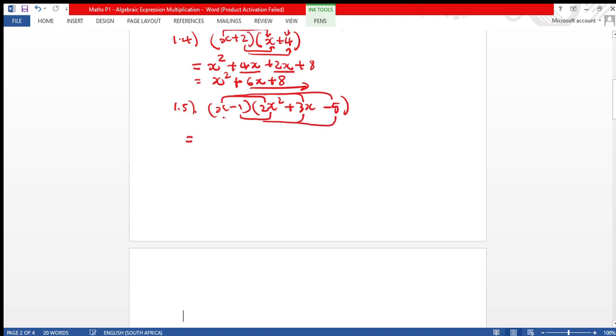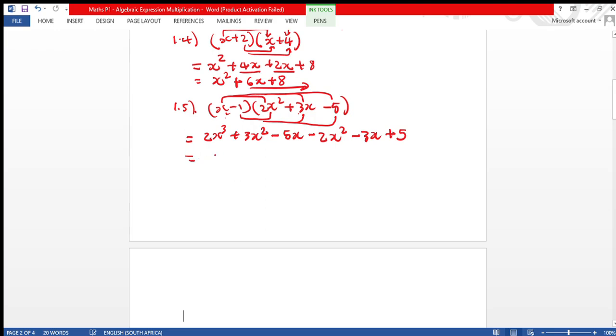So let's start. x times 2x squared is going to give us 2x cubed. x times 3x is going to give us 3x squared. x times minus 5 is going to give us minus 5x. Okay, that's for the x. And then for the minus 1, minus 1 times 2x squared is going to give us minus 2x squared. Minus 1 times 3x is going to give us minus 3x. Minus 1 times minus 5 is going to give us plus 5.